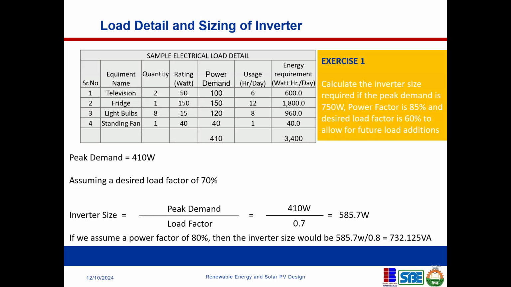That was the initial result, based on the load factor. I've not applied the power factor, so we have to apply the power factor now. So that gives us 1,470 VA, 1.47 kilowatts.